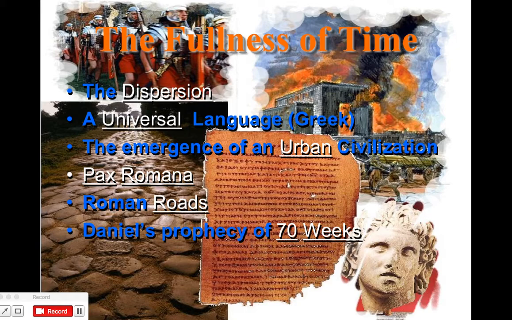And then what's called the prophecy of 70 weeks from Daniel, which we'll talk about when we get to the book of Revelation. And this is the end of the first video session on the intertestamental period.